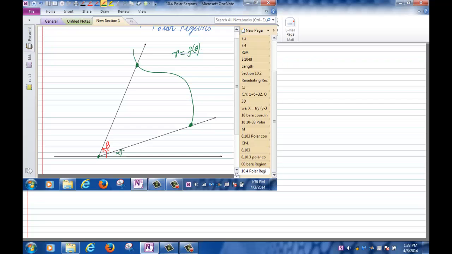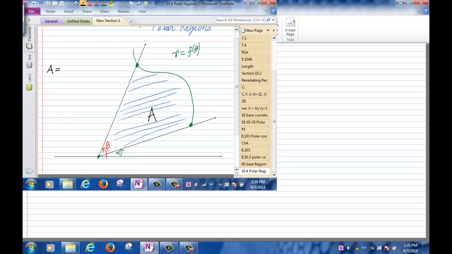The question is, let's say I want to know what is the area of this region. Okay, and so let's say A is the area of this region, and I want to know what is that area.